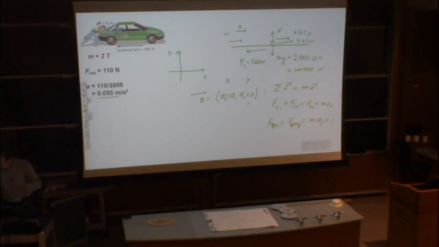Now, this is supposed to be equal to 0, which automatically tells us that Fy normal minus 20,000 should be 0, positive y direction, or the gravity has a negative component. So this equation doesn't tell anything about acceleration, but it tells us how to calculate the normal force. They cancel each other out.